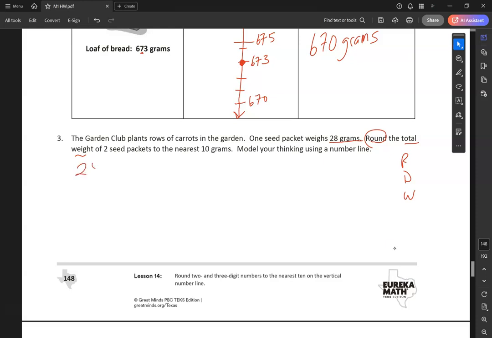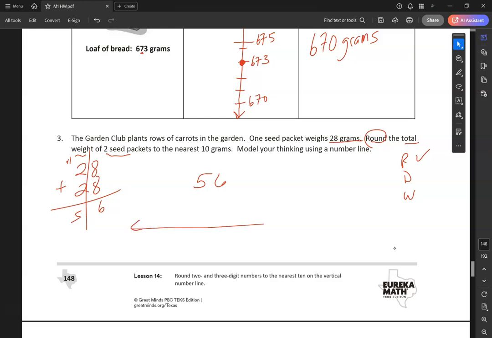So I have one that weighs 28 grams. They want 2. So first I have to add. Ready? That's 56. Now they want us to round that total to the nearest 10 grams.